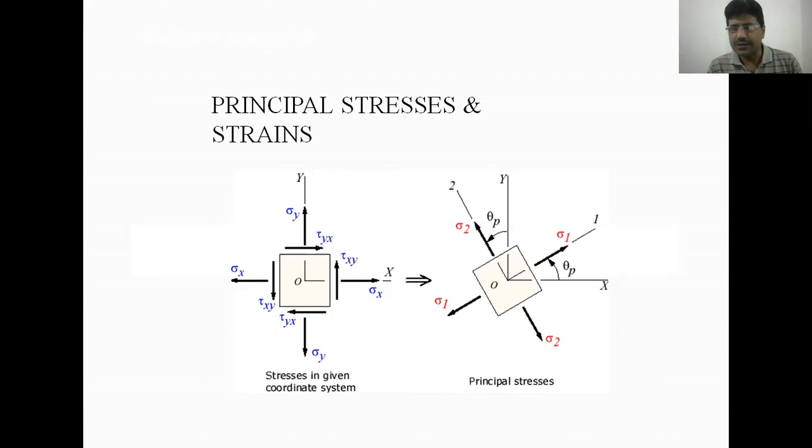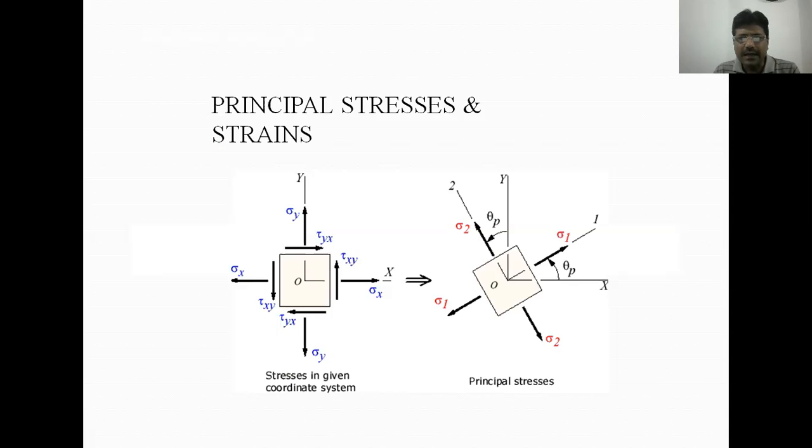Shear means to tear. There will be a stress that will try to tear the body into two parts. If we want to tear something, we have to apply pressure in opposite directions so that it is torn.